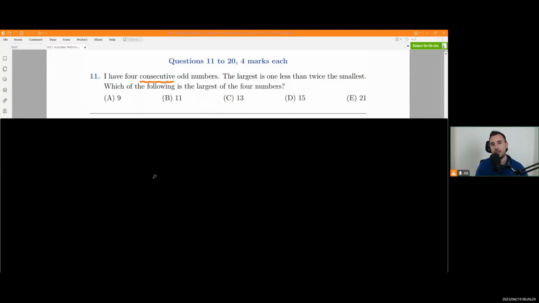Consecutive means they are in counting order. So for example, because it says consecutive odd numbers, it'll be something like 5, 7, 9. If I write 10, of course it would be an even number, not accepted. If I miss one, and write 13 instead of 11, it's not going to work because it's not consecutive. I missed one.